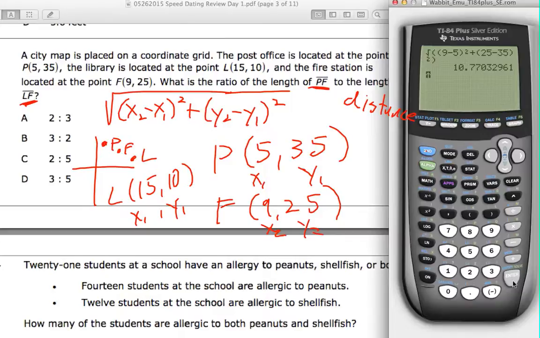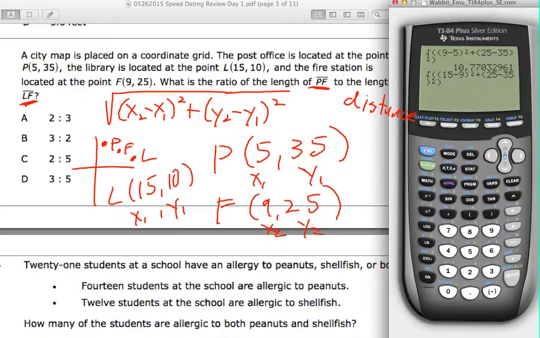If you press second and then entry, it gives you your old thing and you can just kind of change it. So for the x's, instead of using 9 and 5, now we're going to be using 15 and 9. So let's just change this to 15 and 9. And I apologize for the screaming coming from the other room.